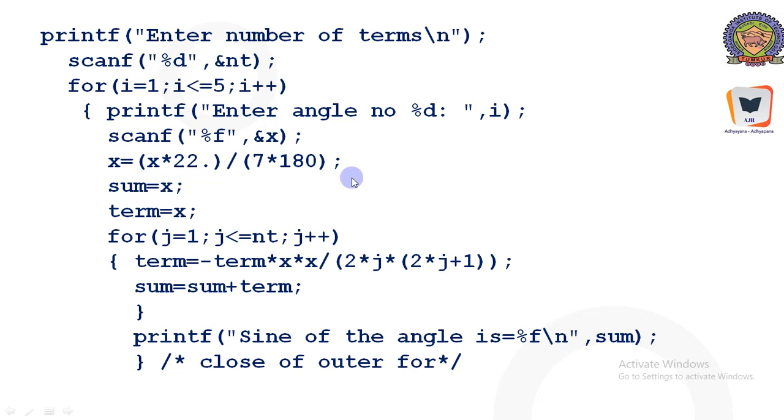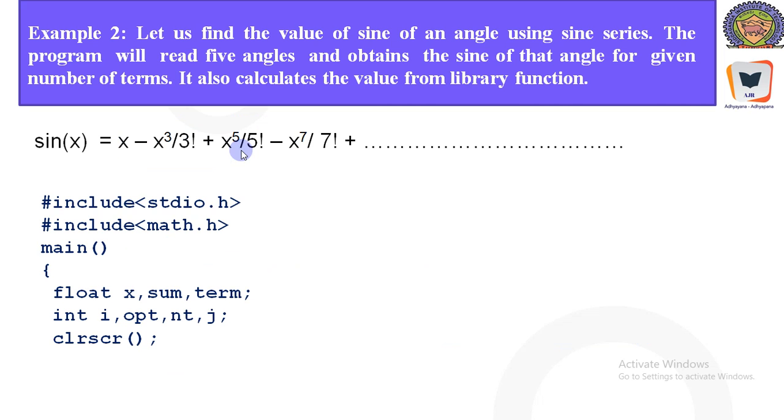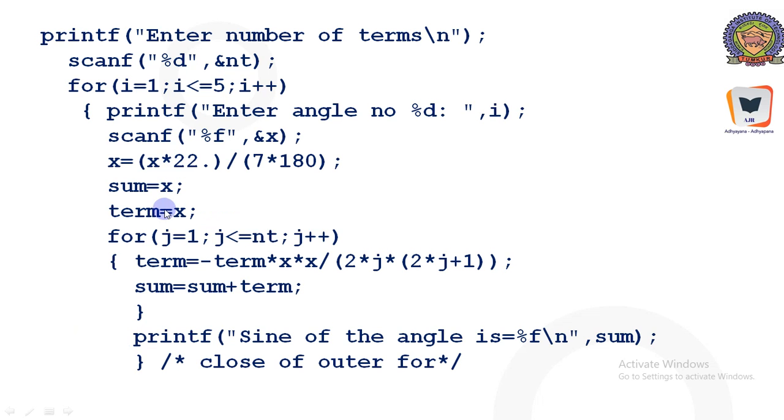When it is converted into radians, x will remain to be radian. And sum equal to x, because the first term is x. First term will never start with 0, or first term will never start with 1. If that were the case, then we would have initialized sum to be equal to 0 or sum to be equal to 1. Therefore, here sum is equal to x and term is also equal to x.